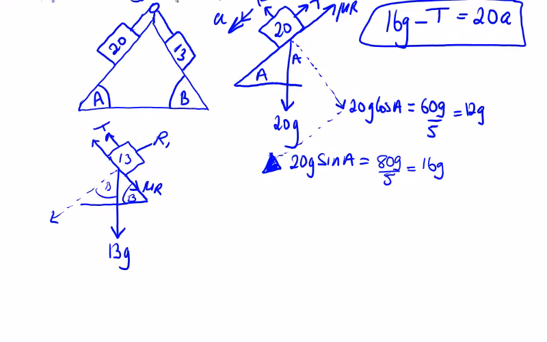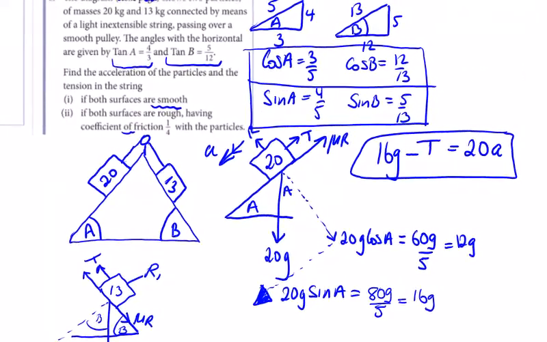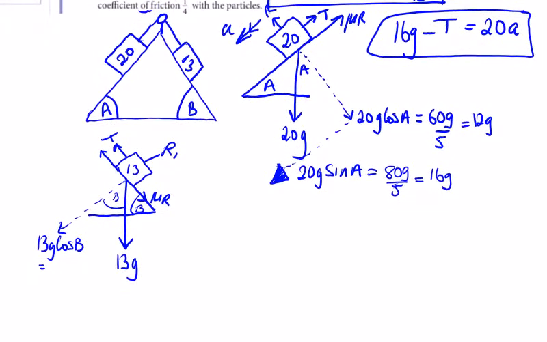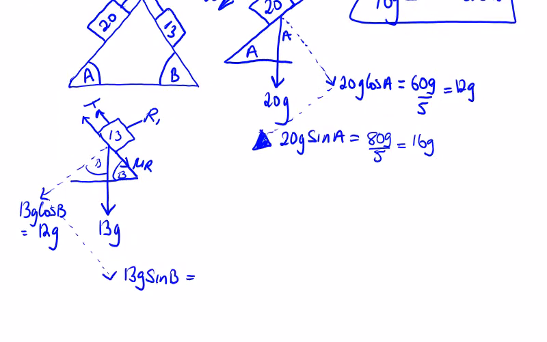So in this direction adjacent to B, I have 13G cos B, which is equal to, cos B was 12 over 13, so 13G by 12 over 13 is going to be 12G. And in this direction here, I have 13G sine B, which is equal to sine B was 5 over 13, so the 13 is cancelled, so we're going to get 5G.